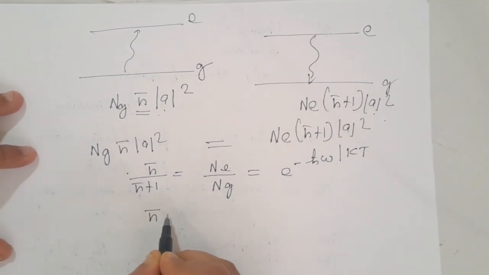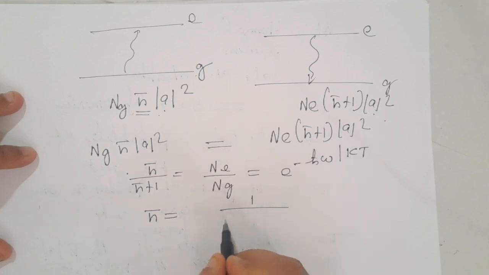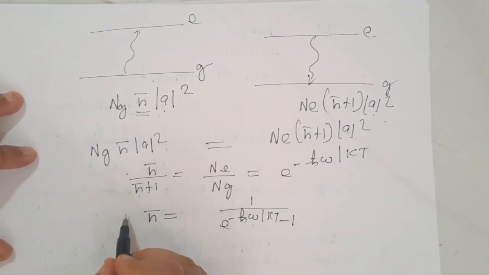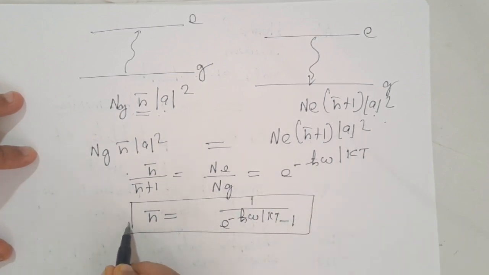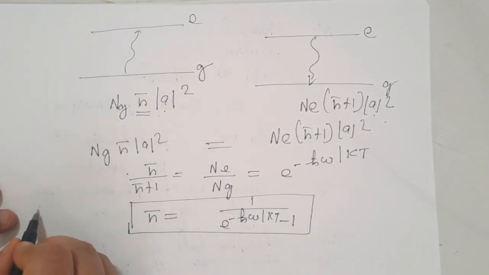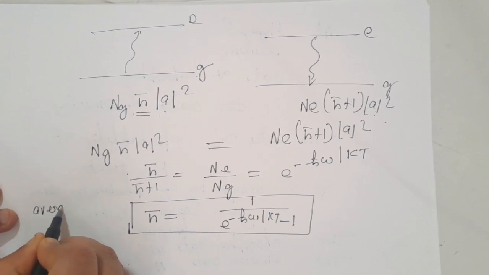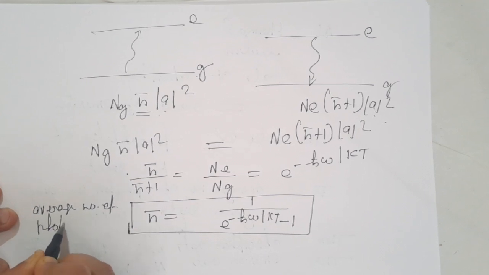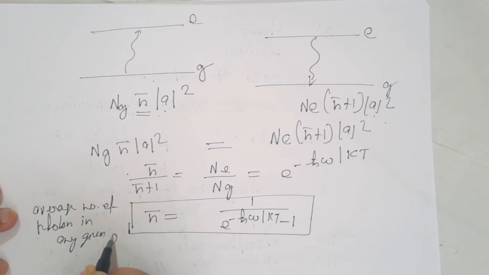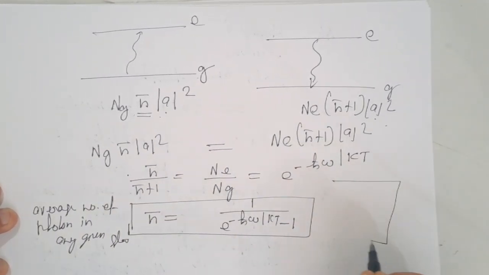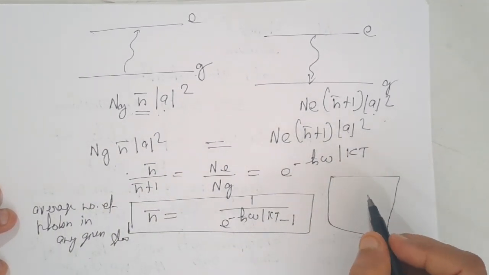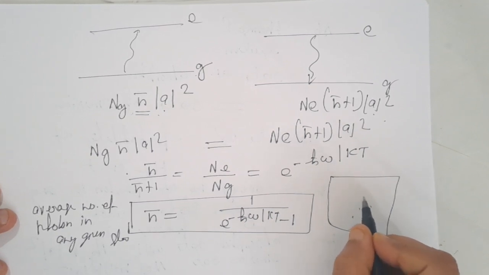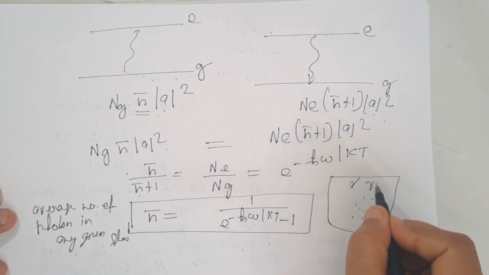So n bar equals 1 divided by (e to the power h bar omega by kT minus 1). This is the average number of photons in any given state in the box.